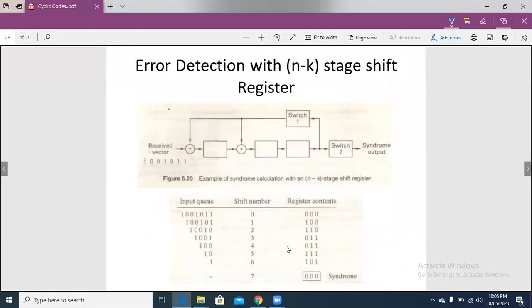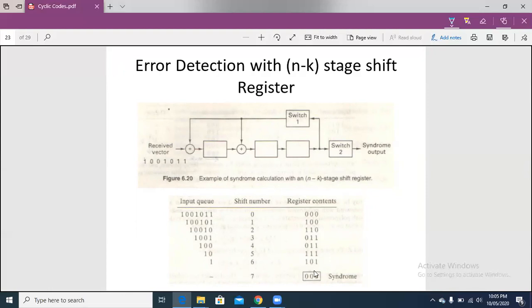How can we check the syndrome? We can check the syndrome because we close switch 1 until we have the whole received vector shifted into it, and when all the operation is complete after the seventh shift, we will open this switch and close switch 2 and we will get the value of the syndrome.